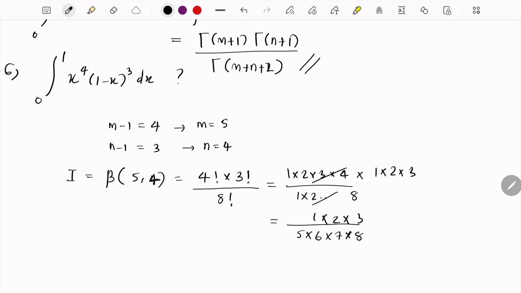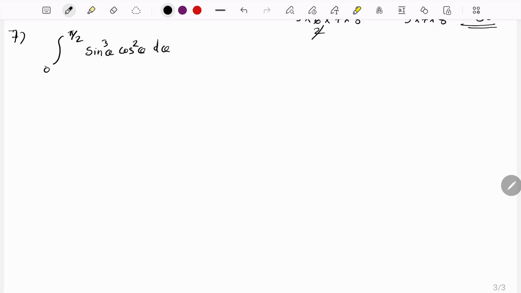So here 3 and 6 will cancel, this 2 will cancel, and this is 1 by 5 into 7 into 8, that is 1 by 280.